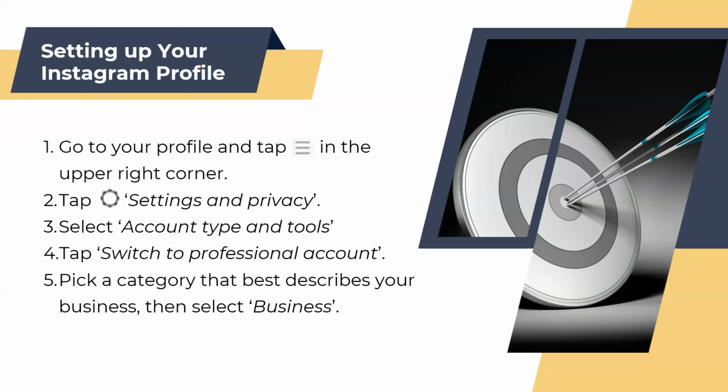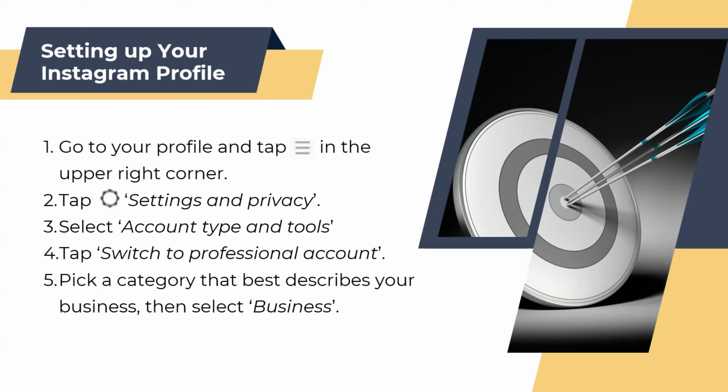Are we there? Yes, excellent. Tap settings and privacy. And you can select account type and tools. If you don't want to change the personal Instagram to a business, you can create a new Instagram and do this initially. But if you want to do that, you can go to account type and tools.